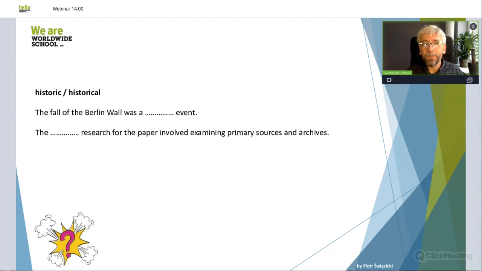And finally, historic and historical. What do you think? The fall of the Berlin Wall was a historical event or historic event? And the historic or historical research for the paper involved examining primary sources and archives.